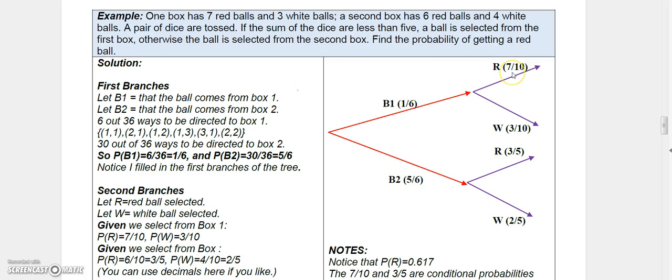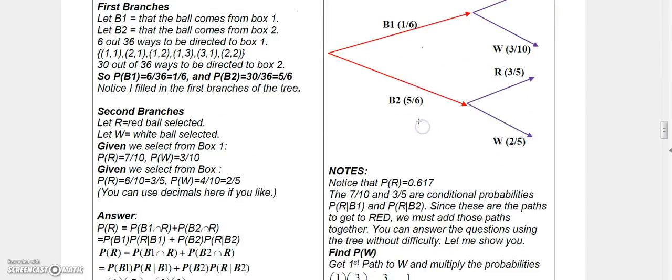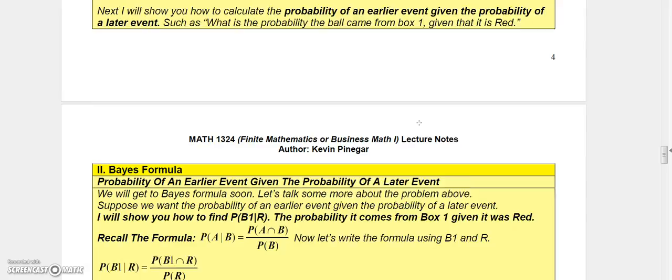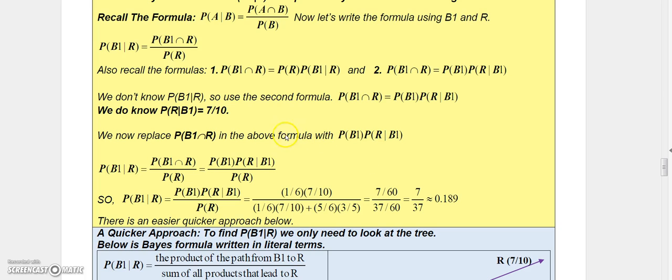Remember, this is the probability of R given B1, and by the way, this is the probability of B1. So we know that the probability of B1 intersect R is equal to the probability of B1 times the probability of R given B1.